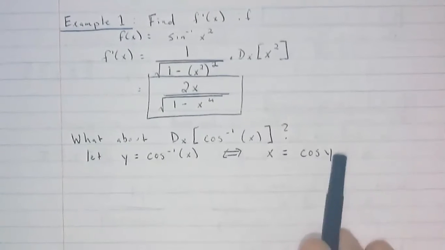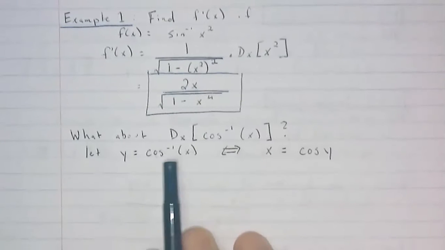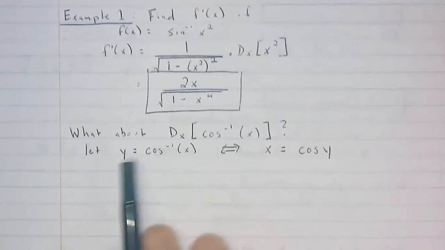The cosine of some angle is x, well, then the inverse cosine of that x gives you back that angle.